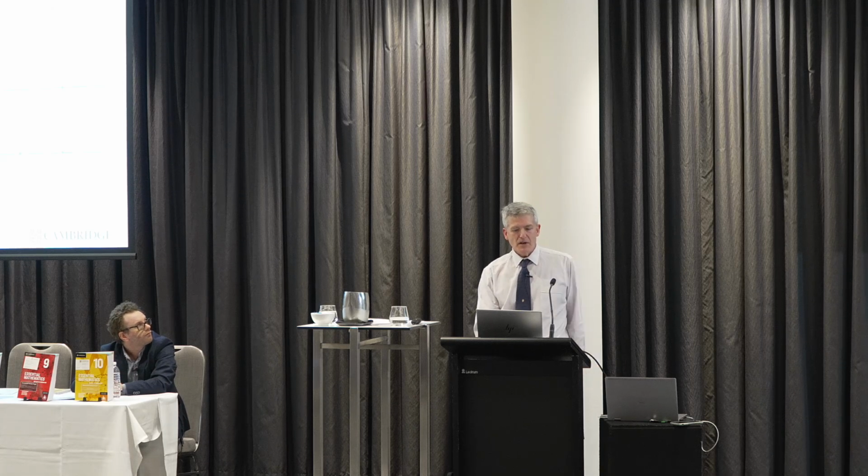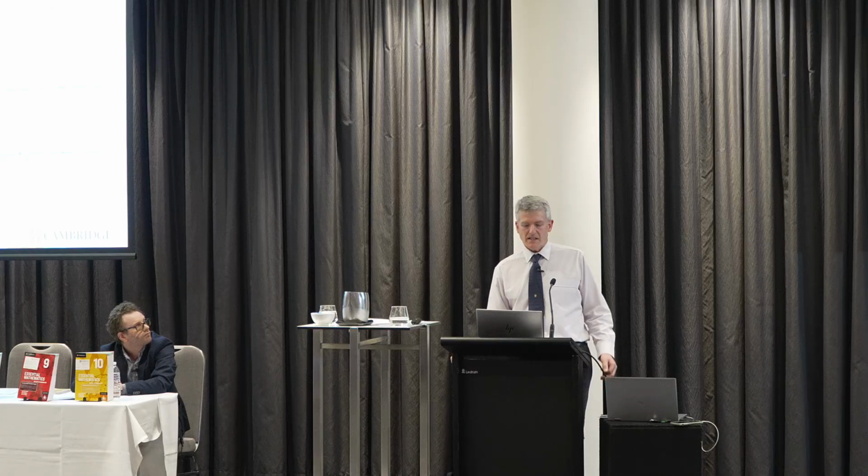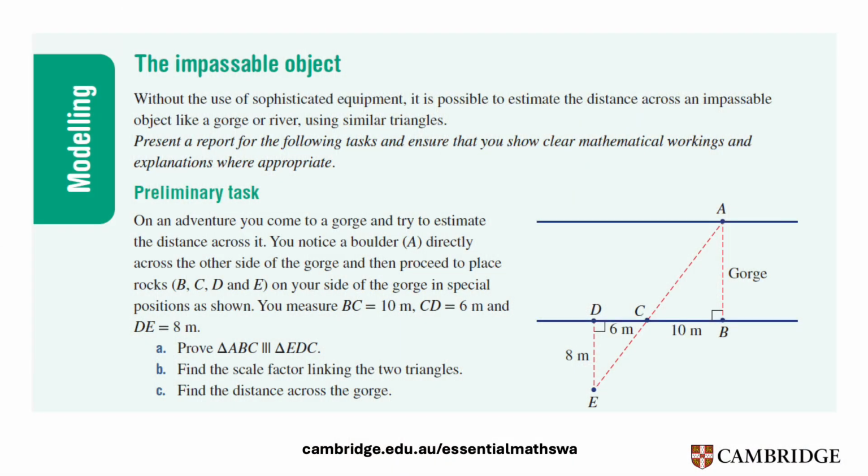So this particular modelling task asks students to think about an impassable object like a gorge or a river or a road, something that they would like to find the distance across without actually going into that area.